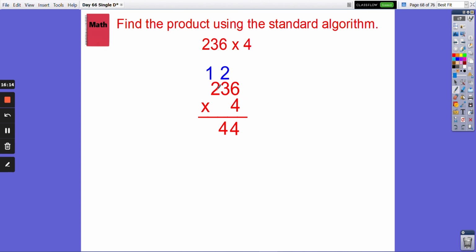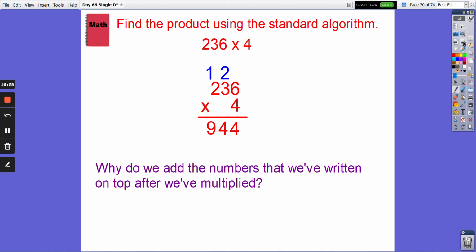Okay, 4 times 2 gives me 8 and 8 plus 1 gives me 9. I got 4 times 2 being 8 hundreds. 8 hundreds plus 100 gives me 944 as my final answer. Why do we add the numbers that we've written on top after we've multiplied? Because just like we did in partial products, we add those different products together at the end.